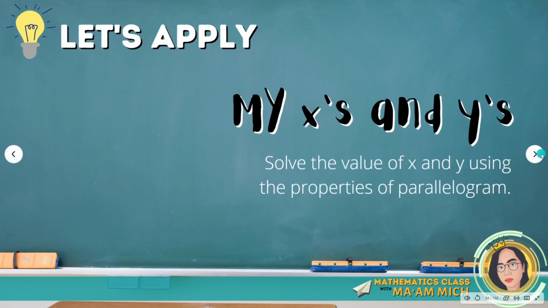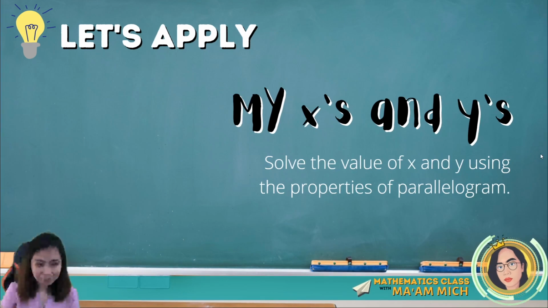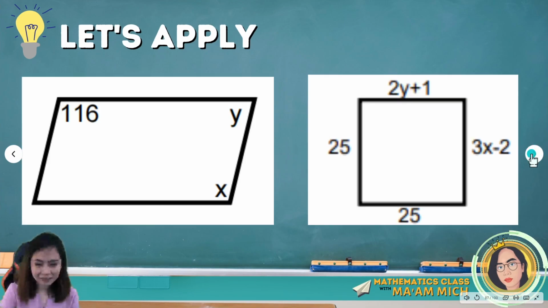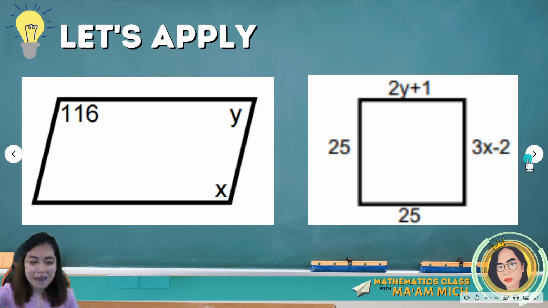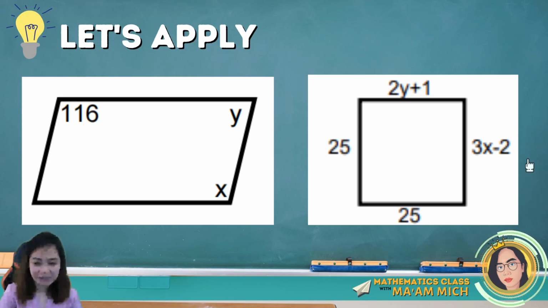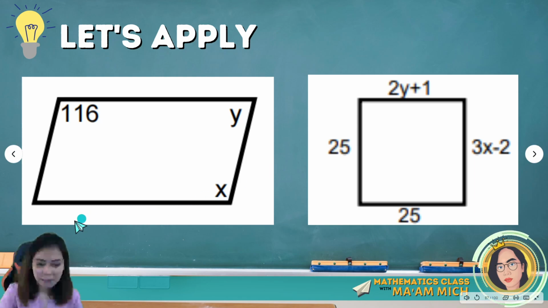Okay. So let's have here my x and y. Solve the value of x and y using the properties of parallelogram. Okay, so we have here this parallelogram with one angle equal to 116 degrees.